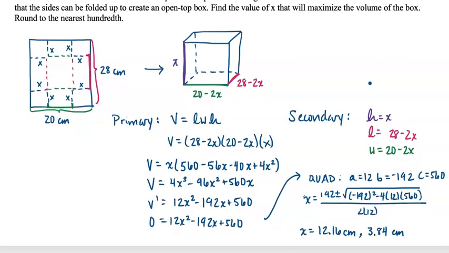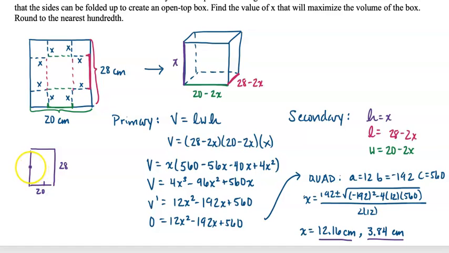If we have a box that is 20 by 28 centimeters, so when we check for the validity of each of these answers, we've got a box that is 20 by 28 centimeters. From the length and the width, we are subtracting boxes of 12.16 by 12.16 centimeters. Well, that's going to be more than half of this width.